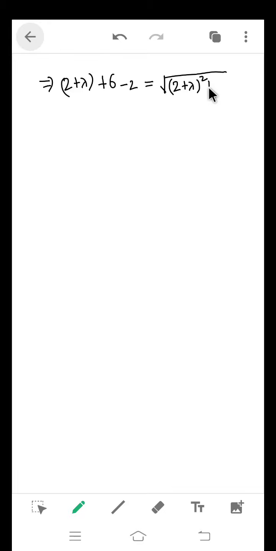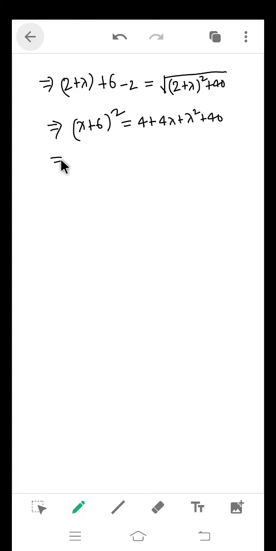तो अभी इसको हम लोग ब्रेक कर देते हैं। ये हो गया lambda plus 6, you take their square, and the right hand side if you break inside the root, because you have taken square, so you can break it.